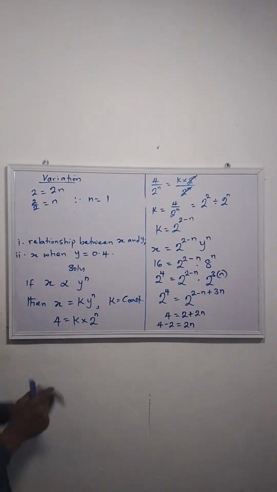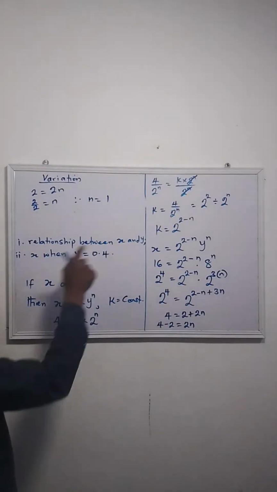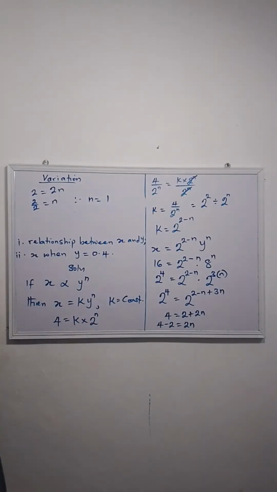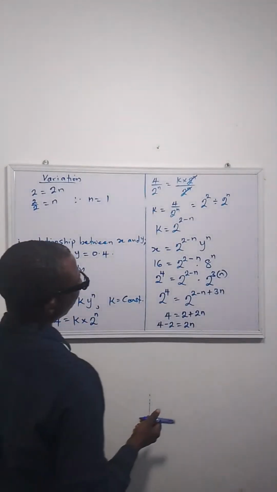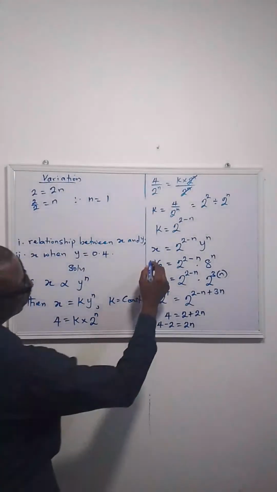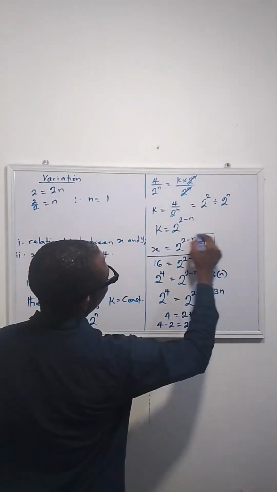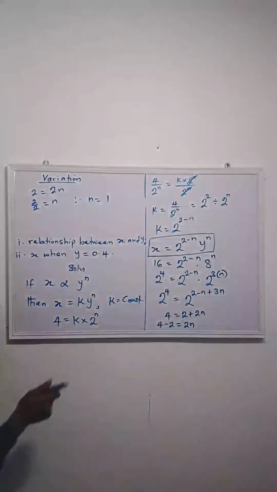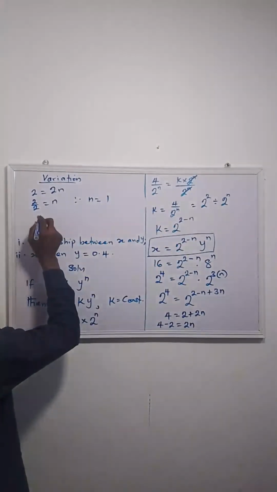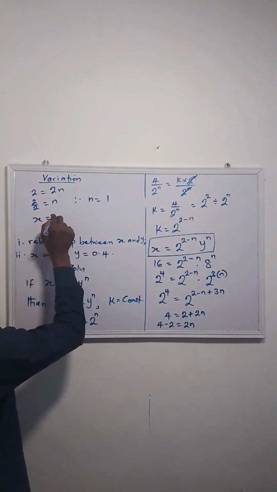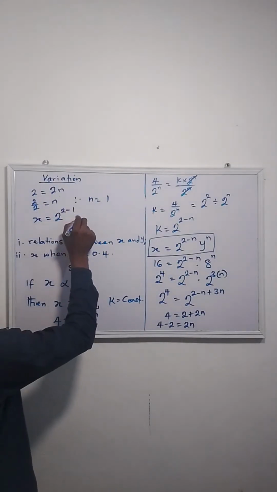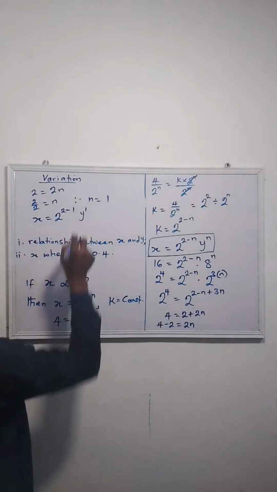Then you can now answer this first question. Now, you have to find the relationship between x and y. So you just come here. Where do we have that connecting formula? So this is it. This is what you are going to write out. The only thing that will be changing there is n. So we have x equals 2 raised to the power of 2 minus 1, y raised to the power of 1.